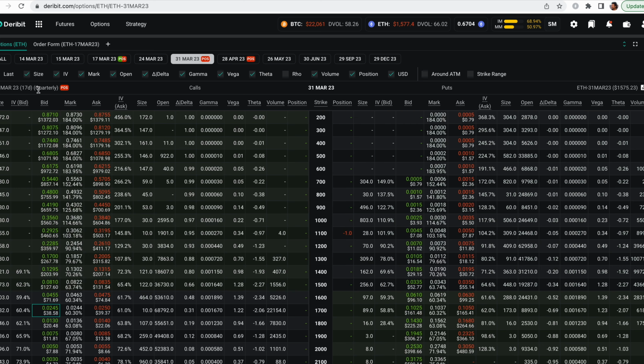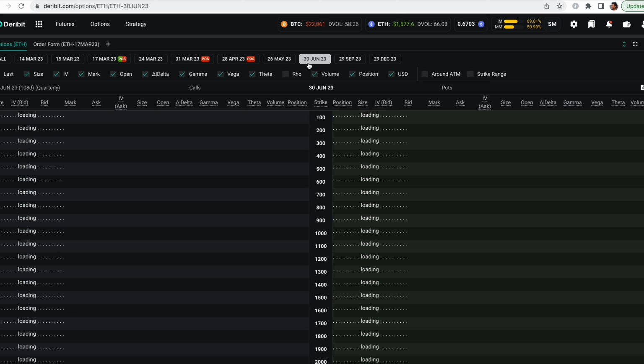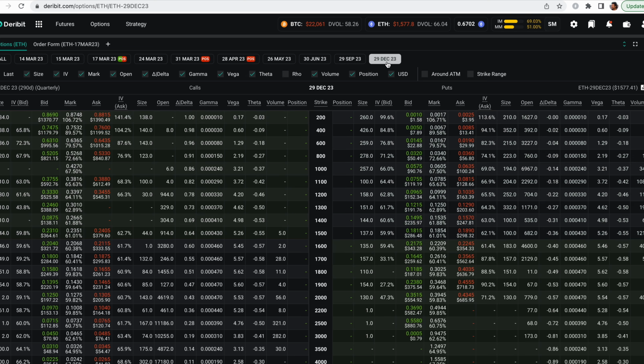They are also called quarterly, because they expire once in a quarter, like March 31st, June 30, September 29, and December 29. They will be quarterly, but they are also monthly.